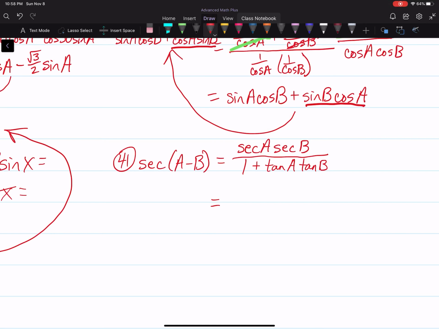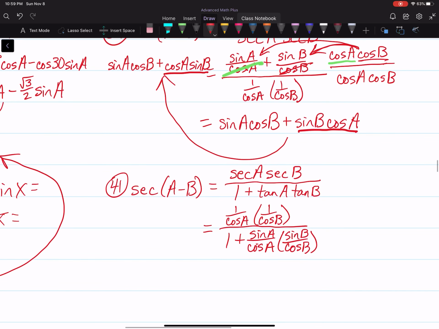So I'm going to change that to 1 over cosine A times 1 over cosine B. It's very similar to the one we just did. It's just in reverse. 1 plus sine A over cosine A times sine B over cosine B.